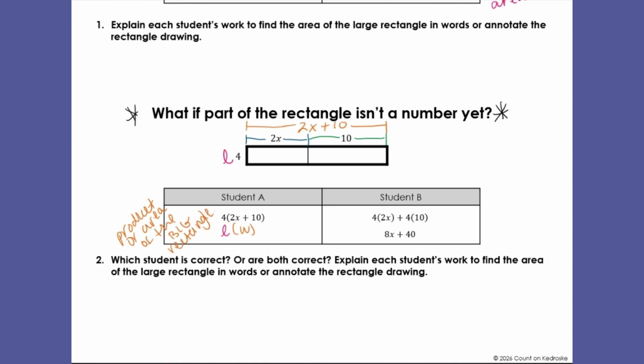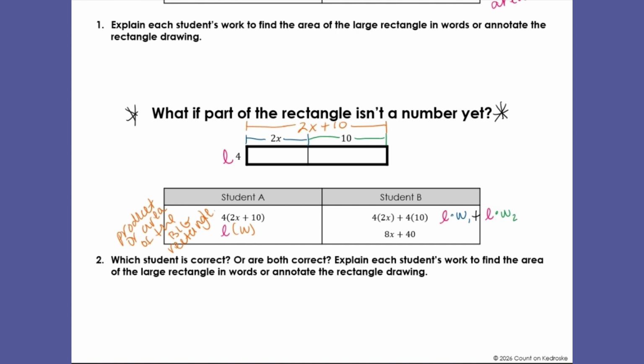Excuse me for writing on the side. If you look at student B, they also did something similar to above: they took the length of a smaller rectangle and multiplied it by the width of one of those smaller rectangles. Then they repeated that. They took the length of the other smaller rectangle and multiplied it by that width.